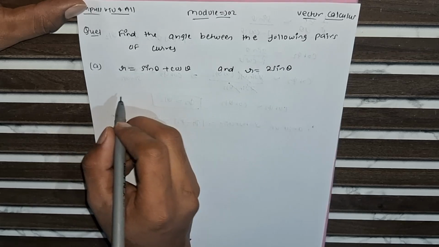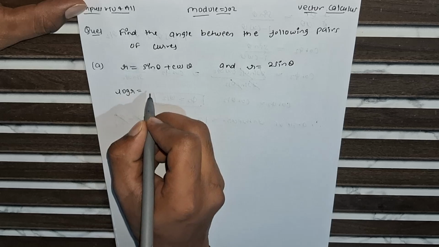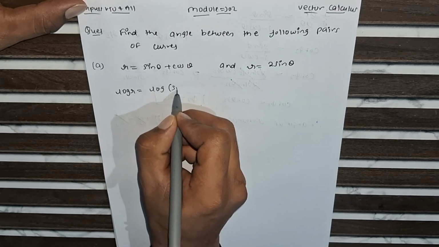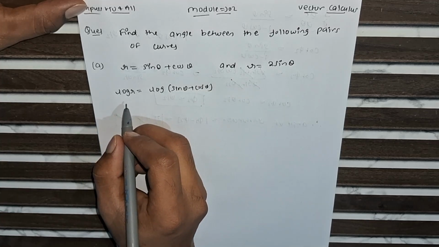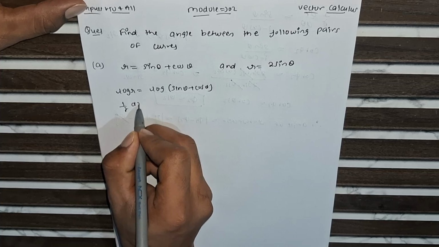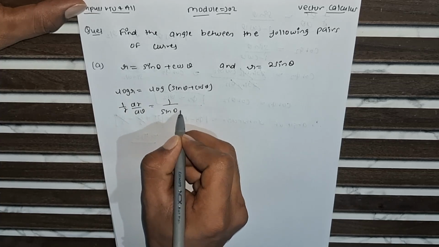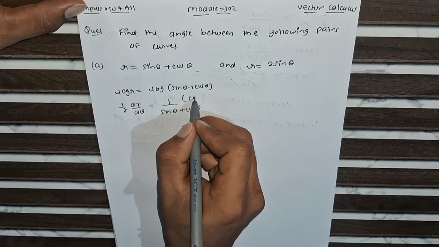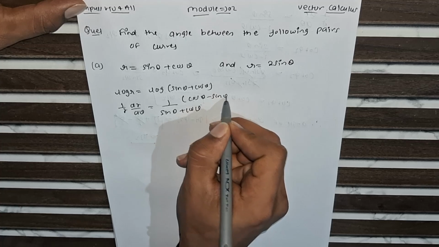Taking log on both sides, log r equals log of sin theta plus cos theta. To differentiate this term with respect to theta, 1 by r dr over d theta equals 1 upon sin theta plus cos theta, and sin theta differentiation is cos theta, and cos theta differentiation is minus sin theta.